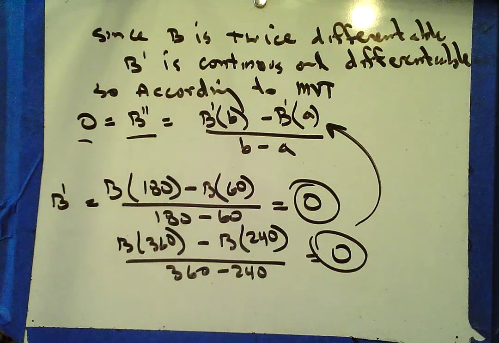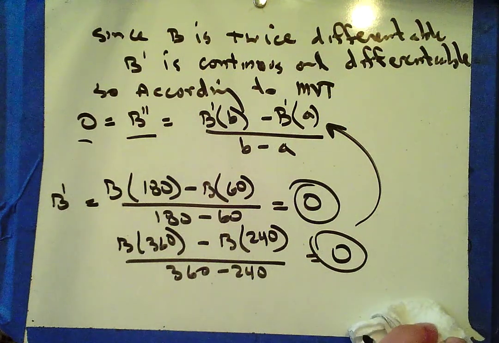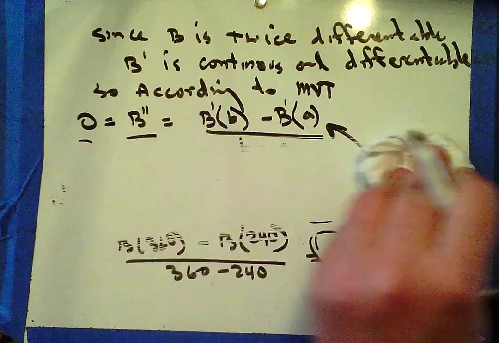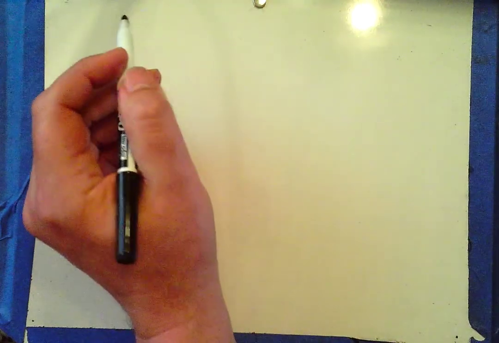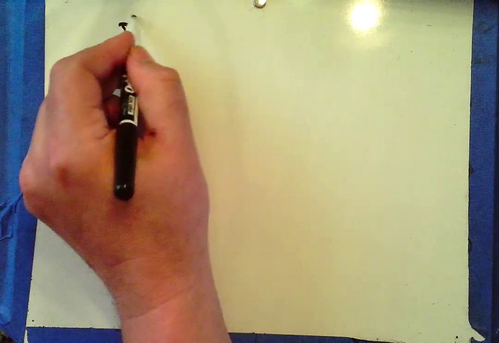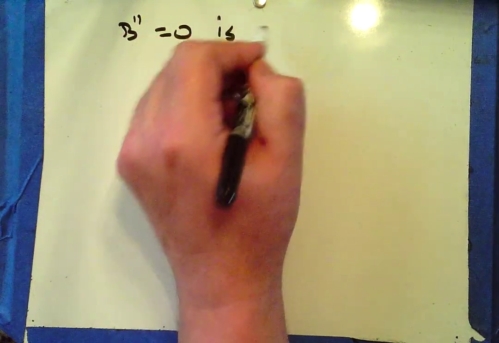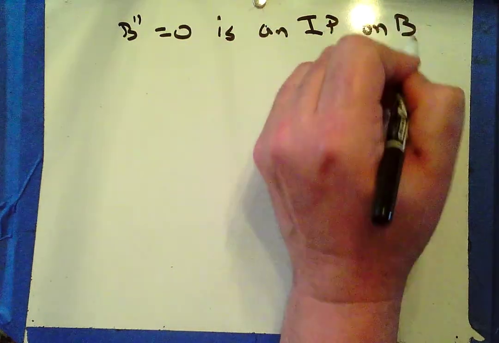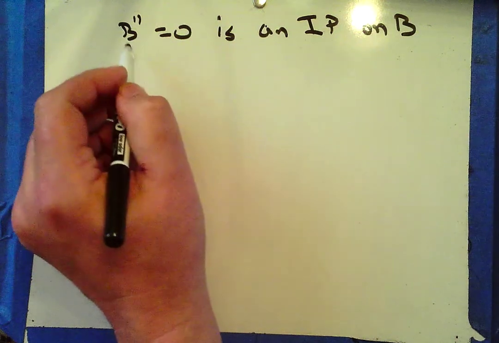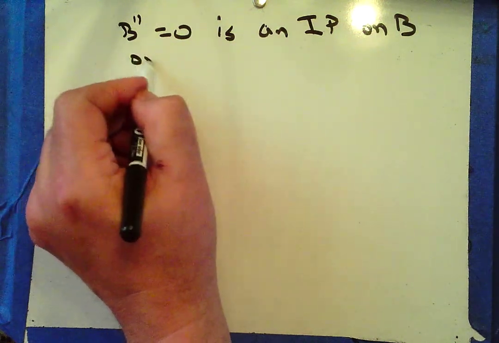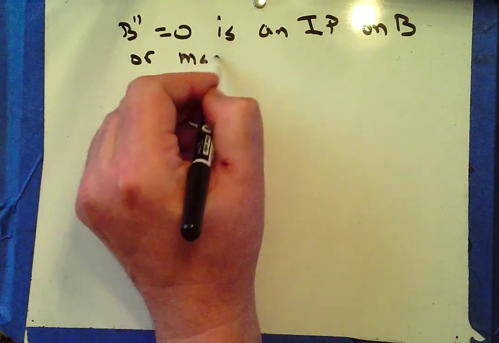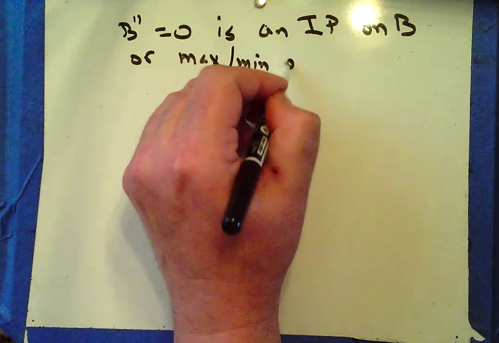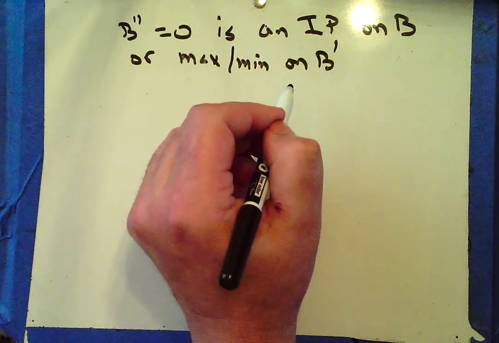Oh my goodness. I think that's the way they would like me to explain it. But B double prime equals 0 is an inflection point on B, which is also a max or min on B prime.